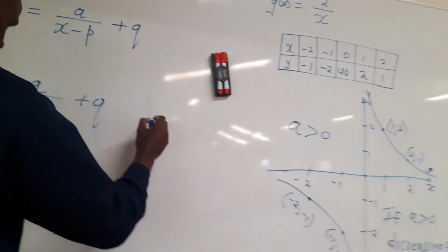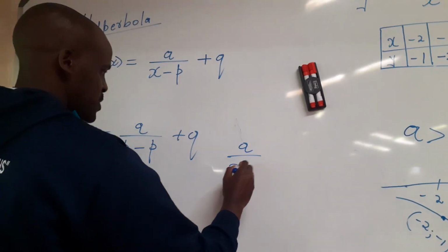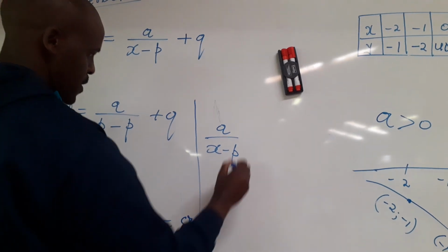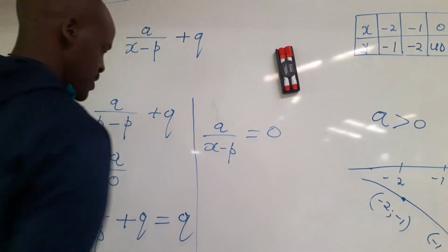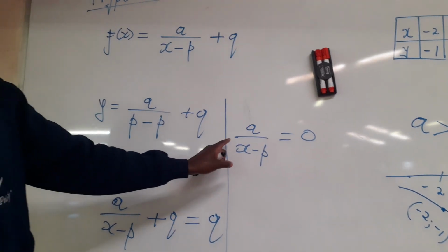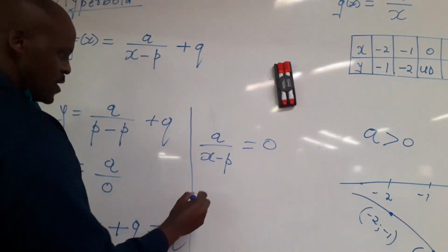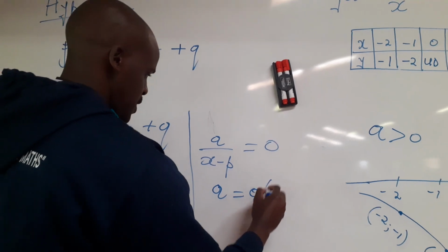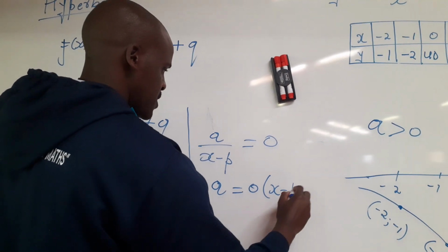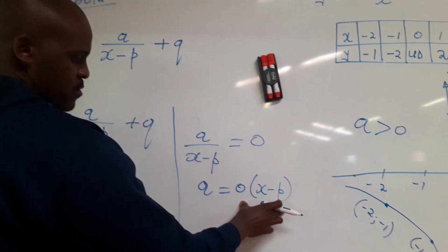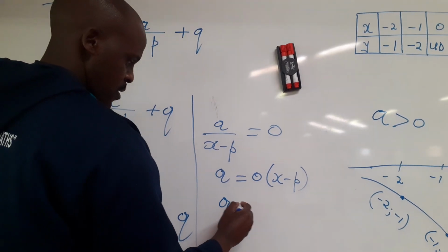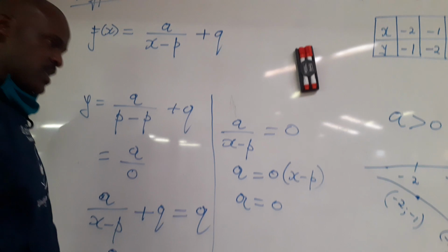Therefore, a over x minus p will be equal to 0. We want to solve for x, we multiply by this on both sides. Therefore, we're going to have a equals 0 times x minus p. So 0 times that, it's 0. x is no longer existing.